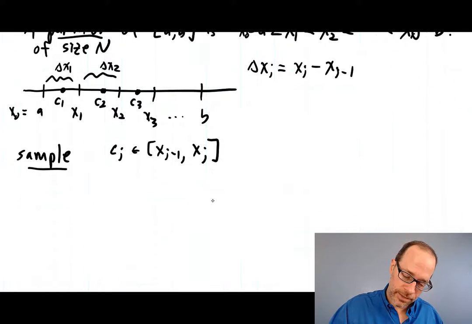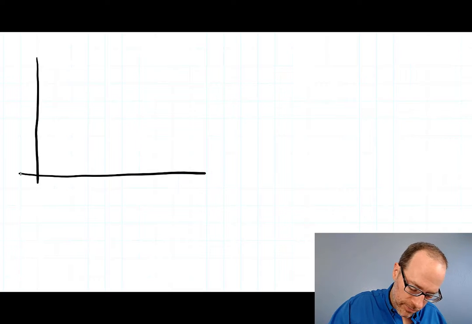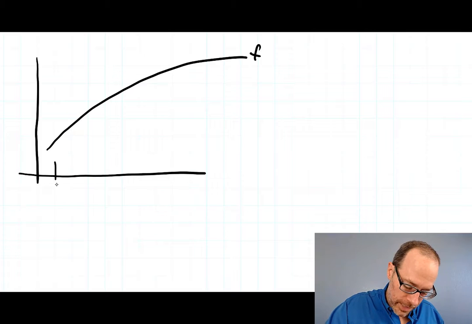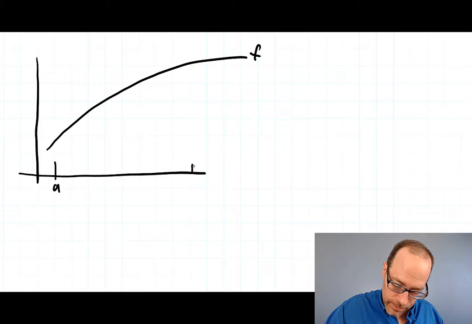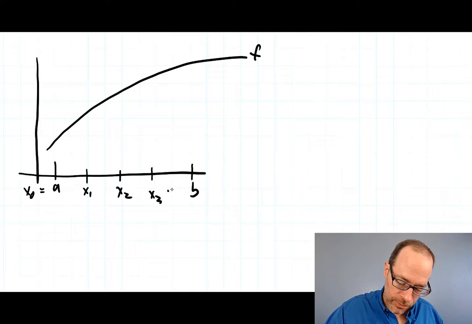So let me draw it again over here. So suppose now we have our function f here. And we've got a to b. And we have a partition. So this is x0. This will be x1, x2, x3, and so forth. And then you have to have a sample.